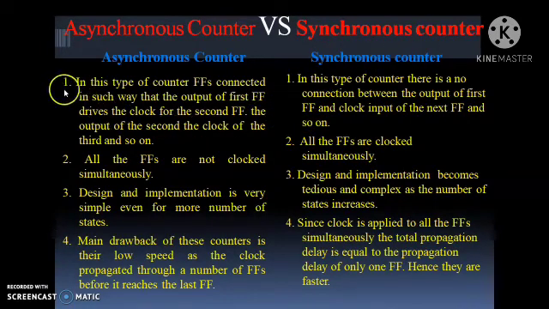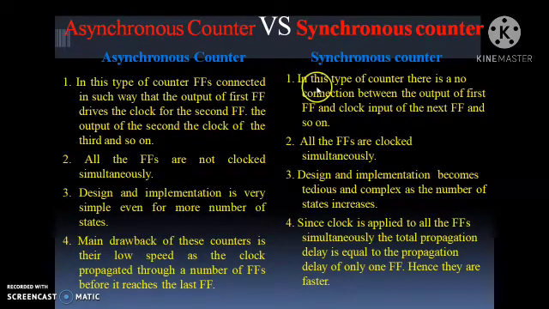First point, asynchronous counter. In this type of counter, flip-flops are connected in such a way that the output of the first flip-flop drives the clock for the second flip-flop, the output of the second drives the clock of the third, and so on. First point, synchronous counter.